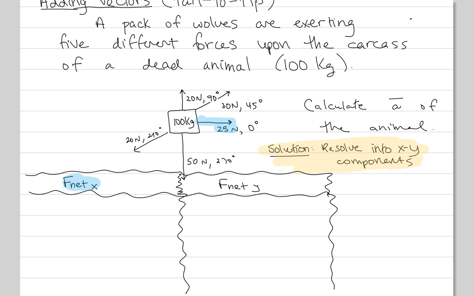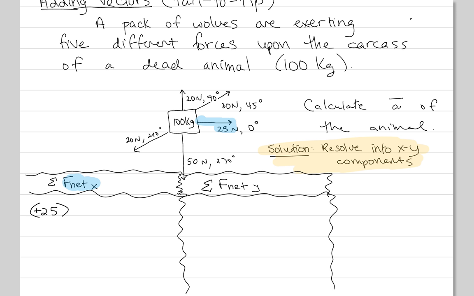Because we're doing a sum of all the vector forces, what you think of is this sigma symbol. So it's a sum of all net forces in x, and one of them is positive 25. Some of you just put 25, some of you put positive 25, just whatever for your notes. We have already established that east is positive.